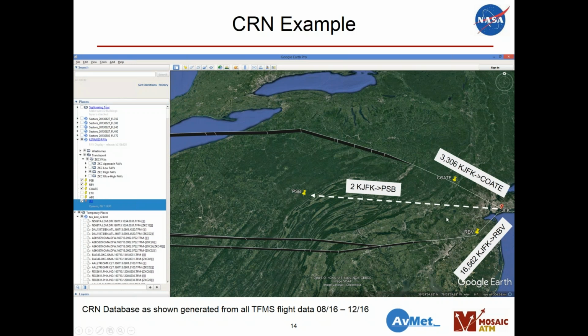Now, there may have been others that flew to an intermediate location and then to another intermediate location and then on to Phillipsburg, but there was nothing of sufficient frequency of individual route segments that would allow the CRN route generator to generate any route that went from JFK to Phillipsburg, or for that matter, really any other way in between Cote and Robbinsville. So we do not include that Phillipsburg route or any other routes that you might take in between Cote and Robbinsville in the routes generated by the CRN.